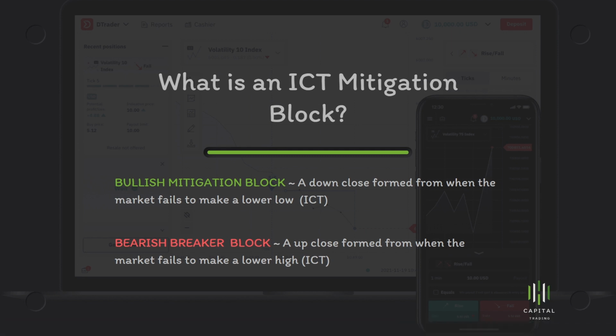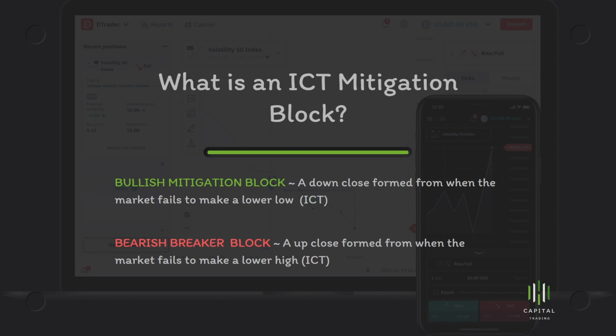So a mitigation block basically is a down close candle formed when the market fails to make a lower low. And then a bearish mitigation block is an up close candle formed when the market fails to make a higher high, right?